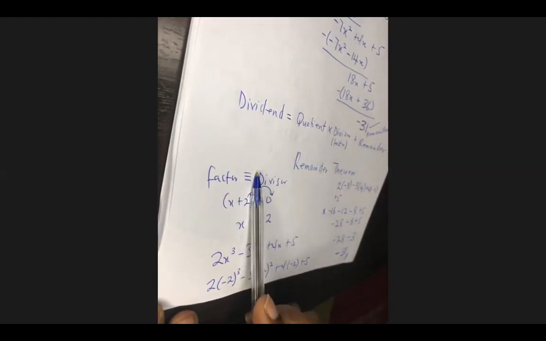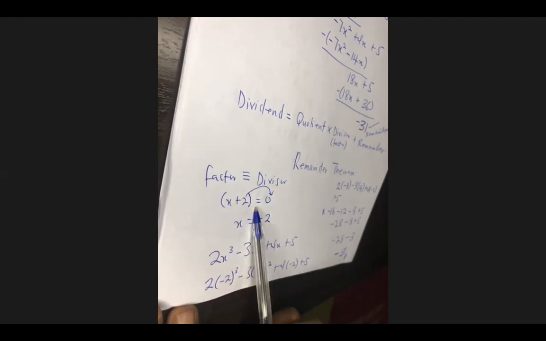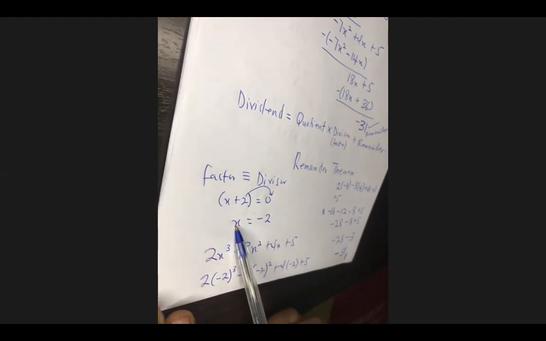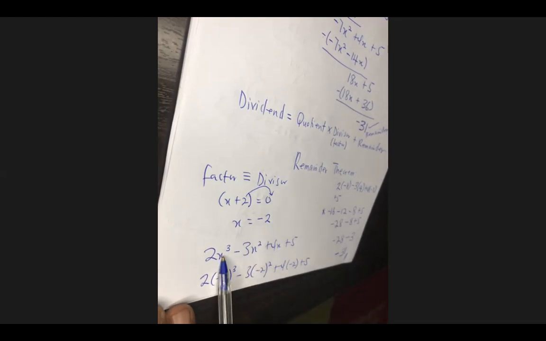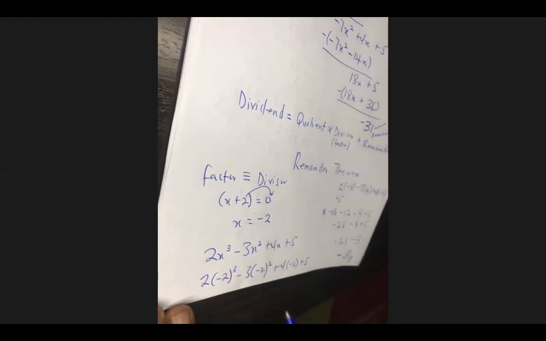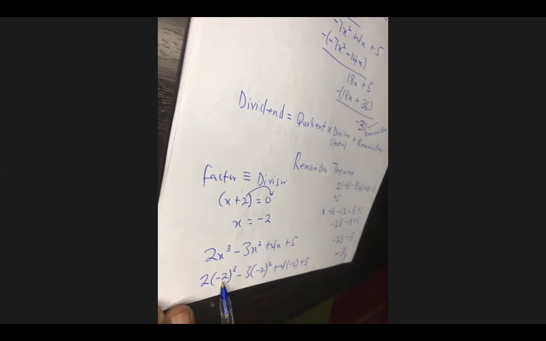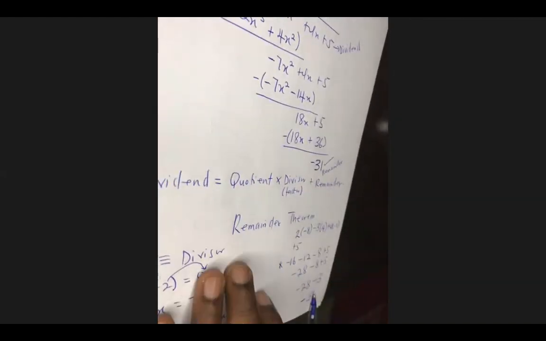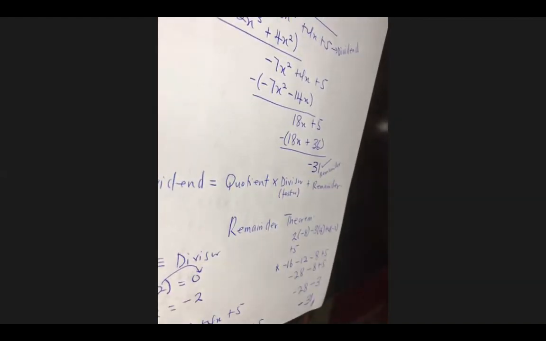Equate the factor to 0. When you equate the factor to 0, you have the value of x. Put the value of x inside the dividend, the equation that you are dividing. When you put it inside, solve for the number. The final answer you get is your remainder. Very, very simple. That is the remainder theorem.